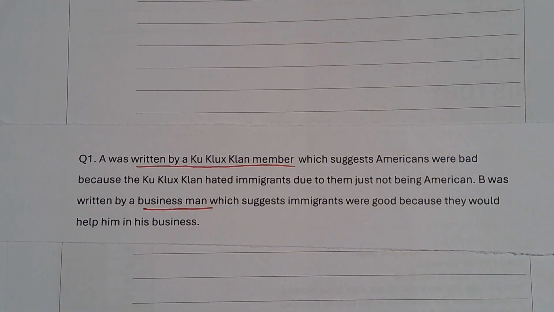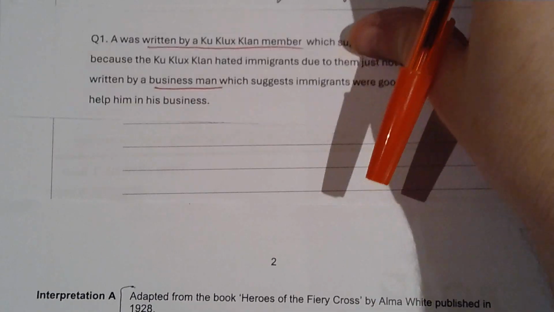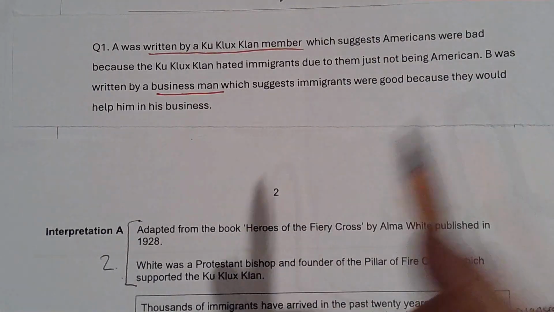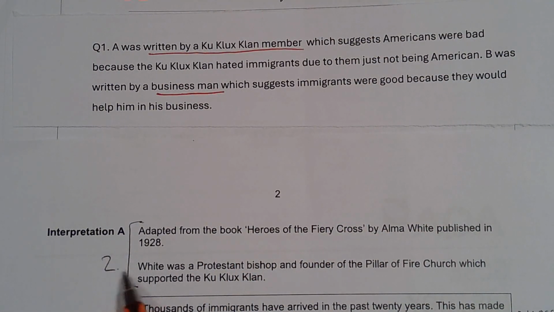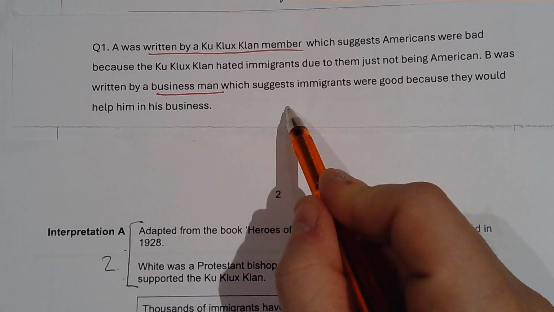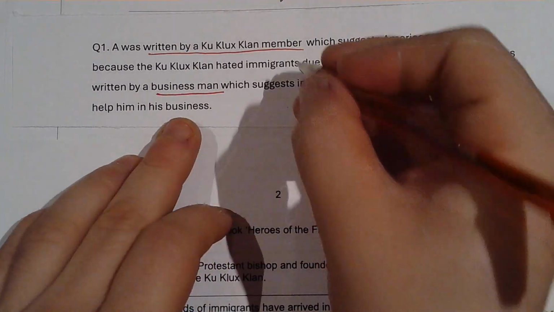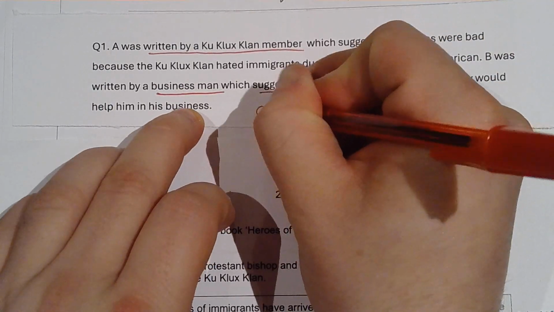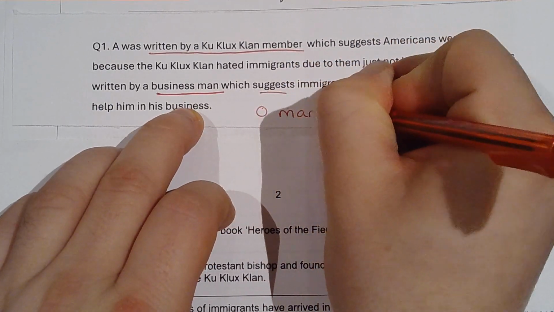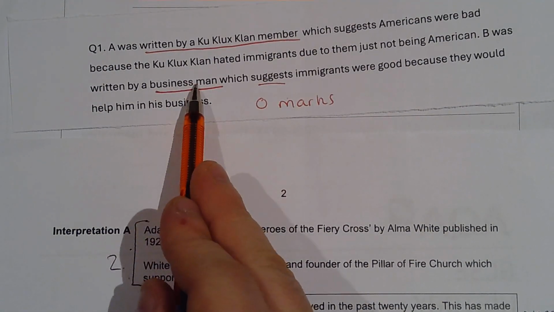Now it's really important that we don't do this, and if we look at our interpretations, this answer here is talking about what is meant for question 2. If you write about what is meant for question 2 for question 1, you will get 0 marks. So you will get 0 marks for this, even if you're talking about what it suggests. This is 0 marks, because you're talking about what's meant for question 2 in question 1.